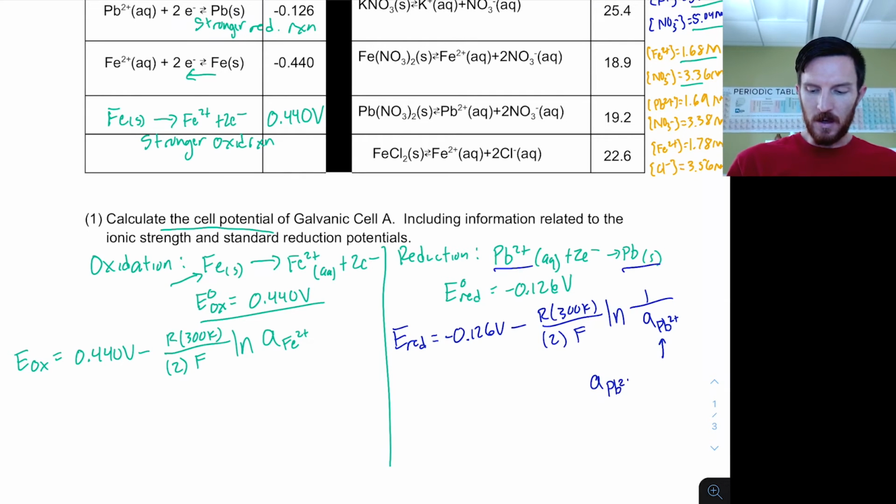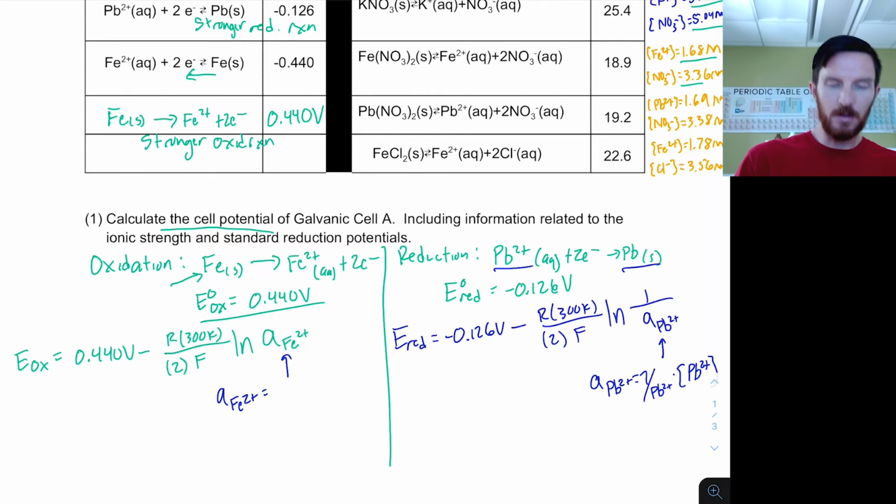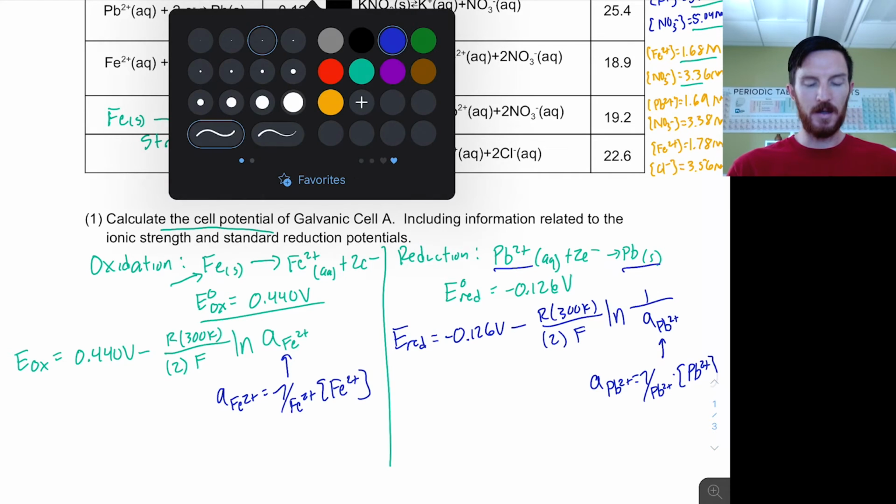Now what we need to know for each of these, for example the activity of our lead ions, is the activity coefficient times the actual concentration of our lead ions. Similarly, to find the activity of our iron ions, we need the activity coefficient of iron times the actual concentration of our iron ions.